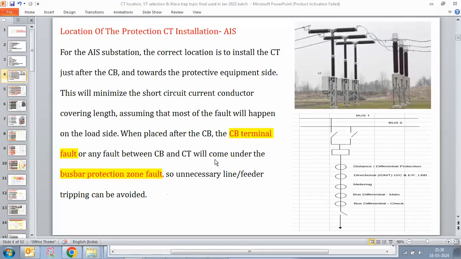When we reach module number 12, we will discuss protection in detail, and then this point will be clearer. Just note down that the breaker should be under the bus bar protection zone fault. In that module I will discuss all types of faults and the protection zones.